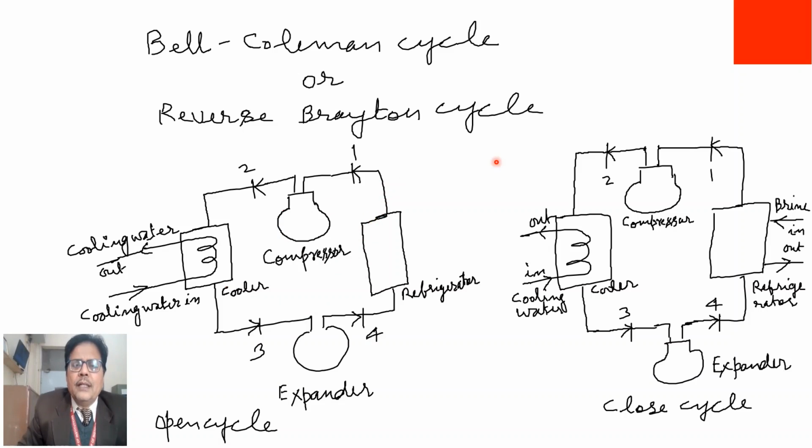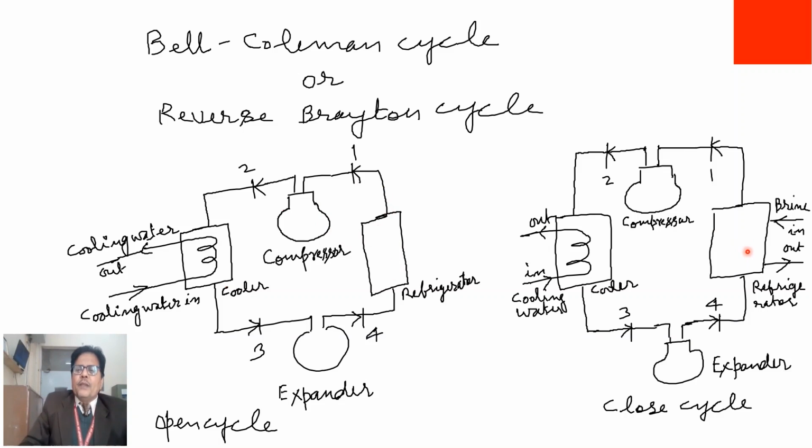We can classify the Bell-Coleman cycle as an open cycle and a closed cycle. This schematic diagram was of the open cycle. In this we fed the air which is at low temperature and low pressure from state 4 directly to the space to be cooled. It absorbs the heat from the body or components kept in this space, and then it is sent to the compressor.